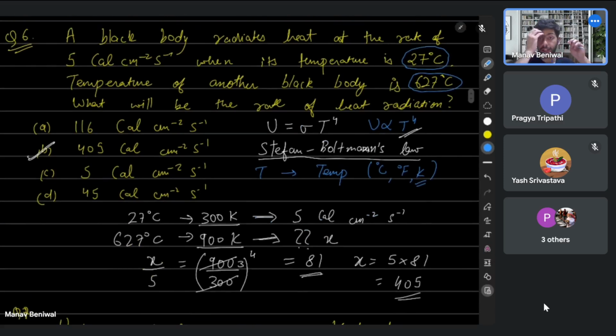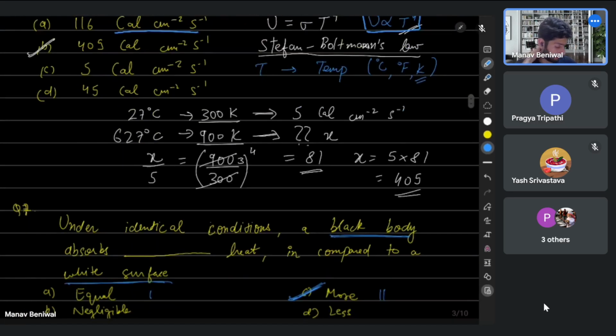We have solved this problem. Now, here I want you to pay attention to the units which we are using. What are the units? Energy per area per time, correct? This is calories per centimeter square per second. And this is proportional to T to the power 4.